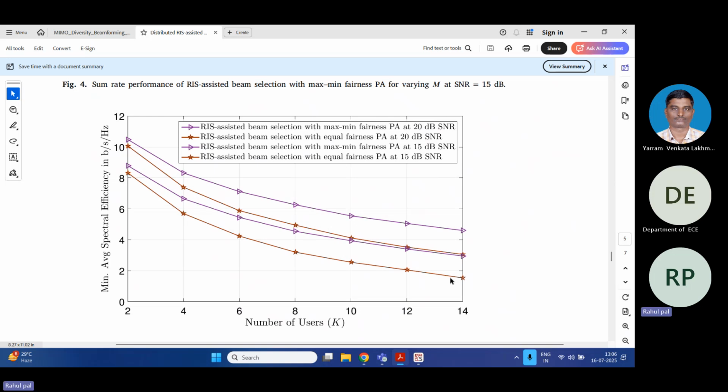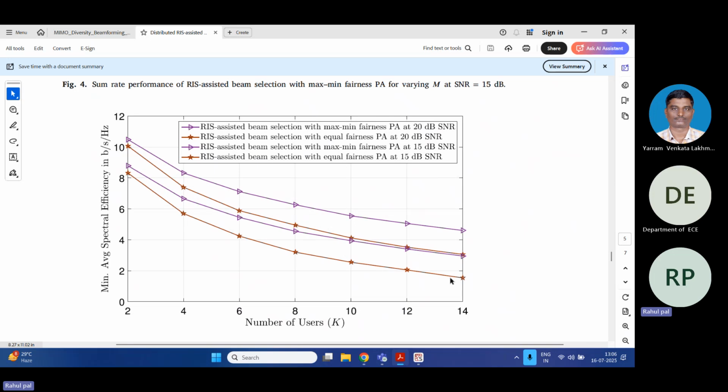The base station is applying the fairness algorithm. It is not like if you are stronger, I will give you more power. The base station puts a constraint that this user should at least get a minimum data rate.